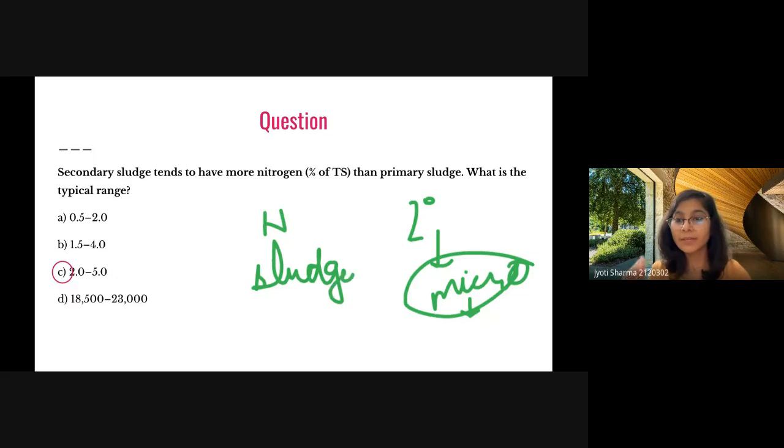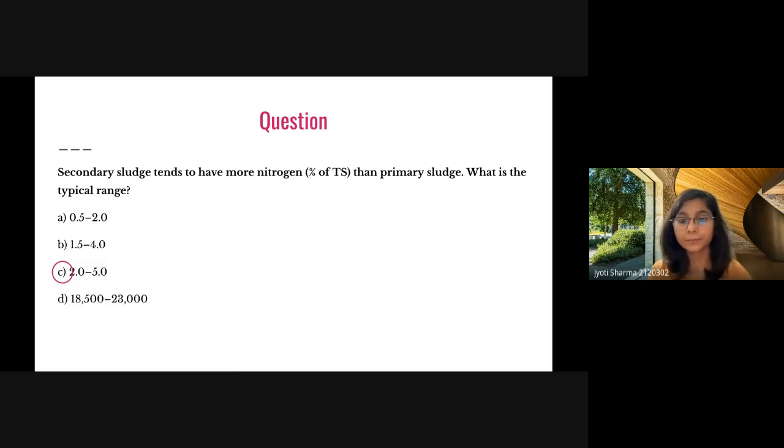Some of them will be recycled, but some of them will be part of the sludge. So that will give you more nitrogen in the secondary sludge as compared to primary, just because of the presence of microbes. And even after the degradation or decomposition of those microbes in the sludge, you will get more nitrogen just because of the microbes. So that's how C is the right answer.